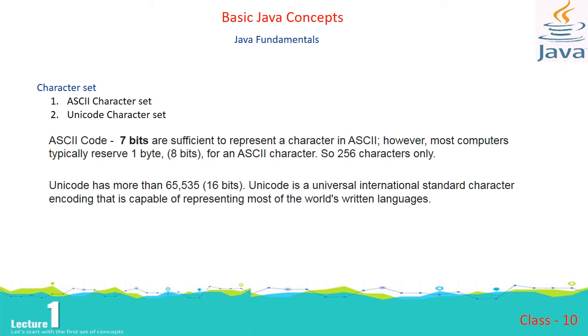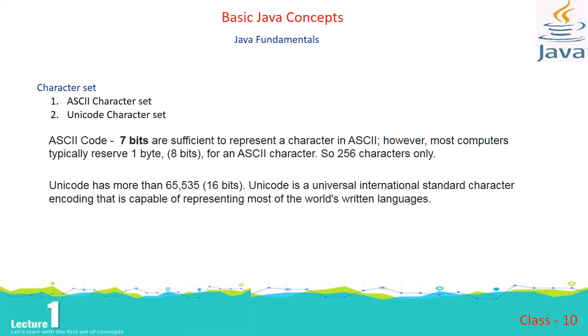Every language has some character sets. The same is true of Java. There are two types of character sets in computer programming languages: the ASCII character set and the Unicode character set. In the ASCII character set, 7 bits are sufficient to represent a character.